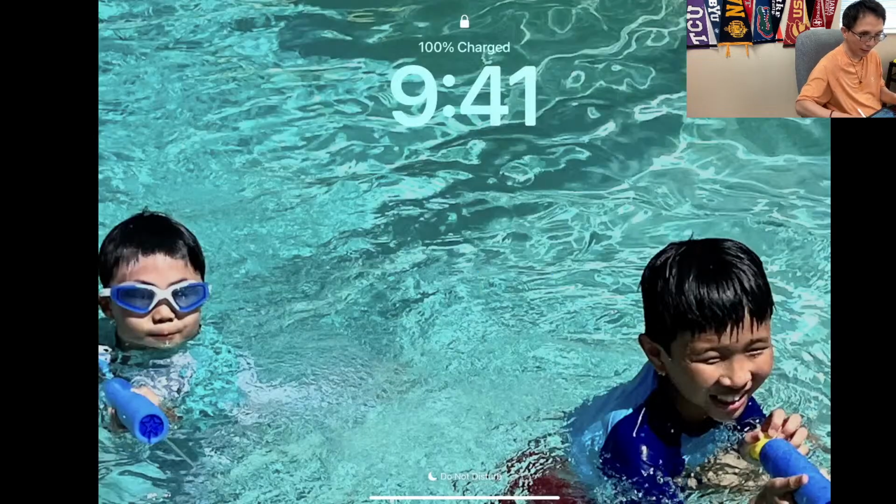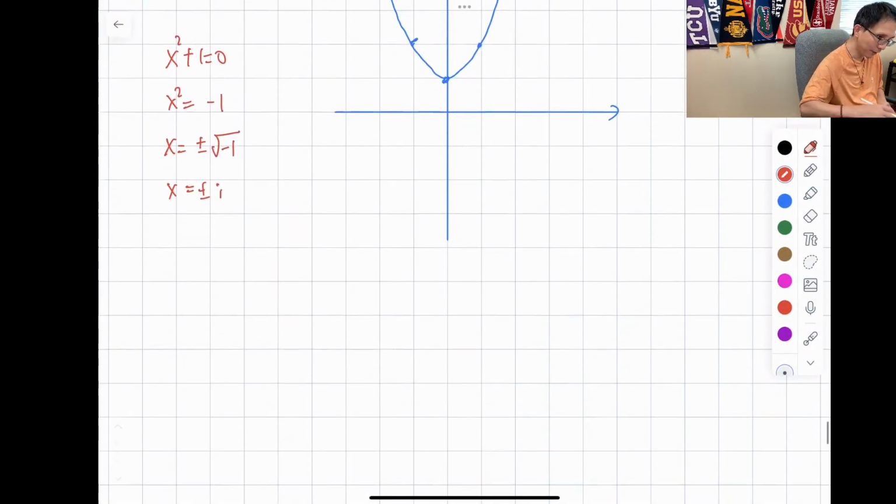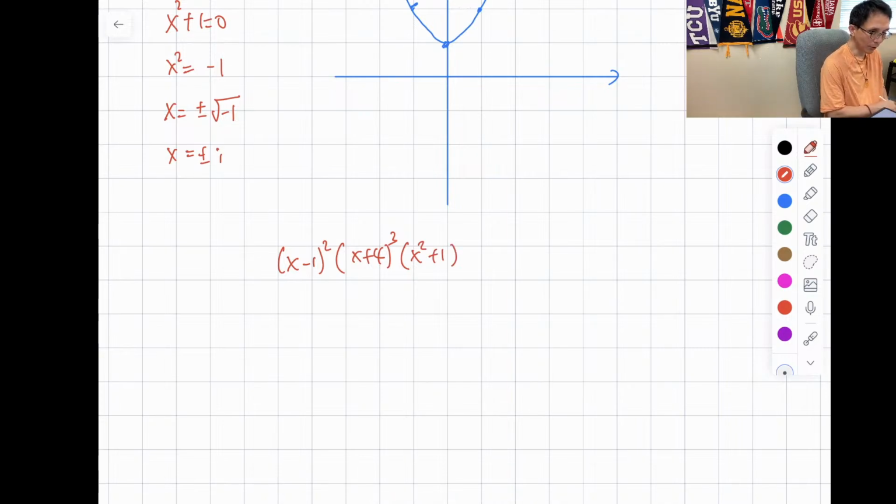And the reason why it's always like this: imagine I have some type of polynomial factored as x squared, x minus 1 squared, x plus 4 to the third, and then x squared plus 1. So this has a total of 7 degrees.